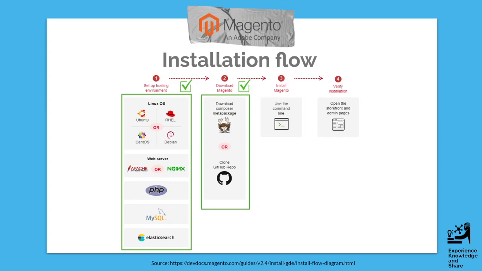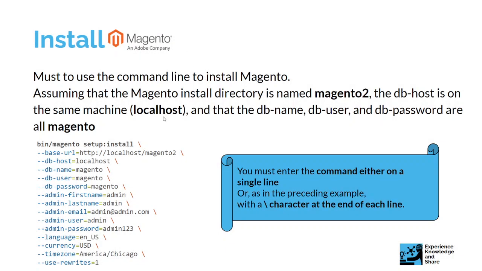The next step is that we have to install Magento via command. Usually, this is the command to install Magento: bin/magento setup:install. We need to pass the basic information, like what URL we have to use, the DB name we have created, the DB host where we kept it, the username of the DB and password.